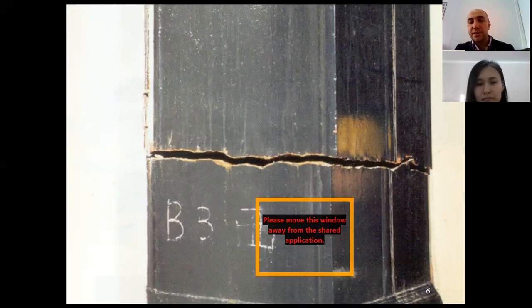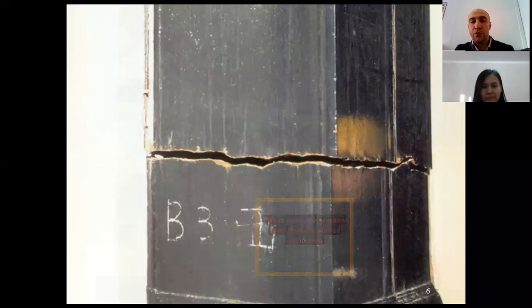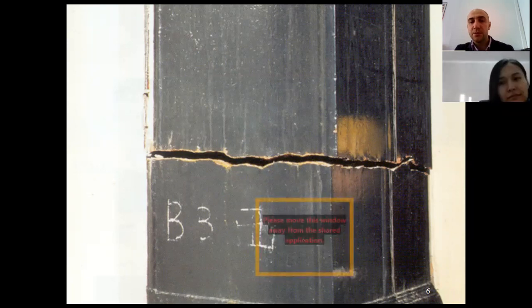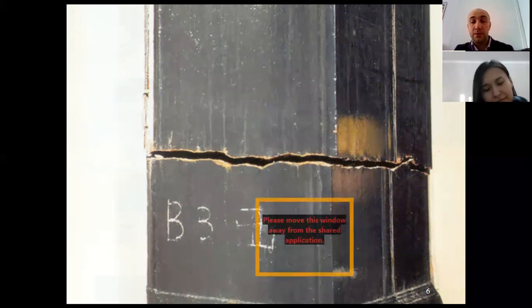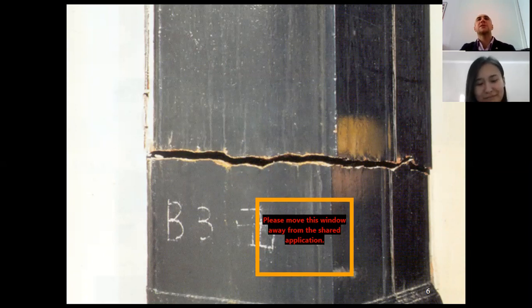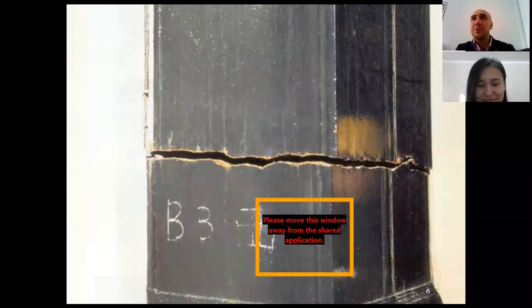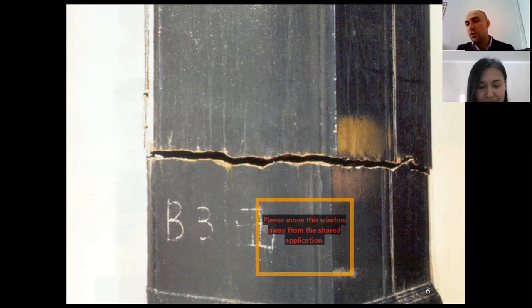So here is an example of a column, also in the earthquake in Kobe in 1995. So this is a fracture of a steel box column, and actually in a modern steel high-rise building. So we cannot say that collapse happens only in buildings which are old, for example.